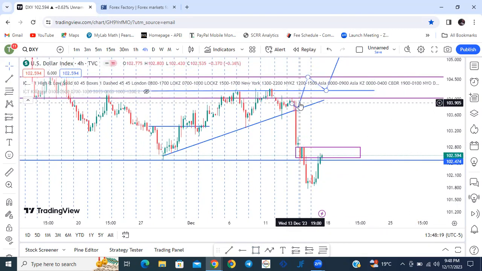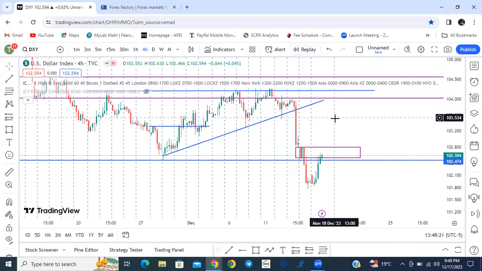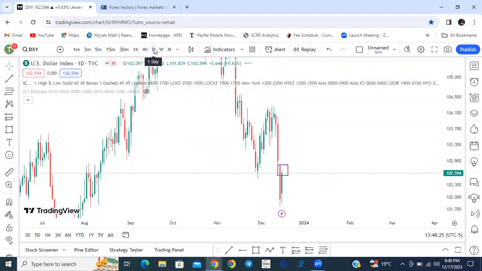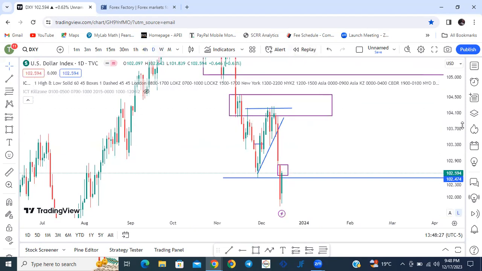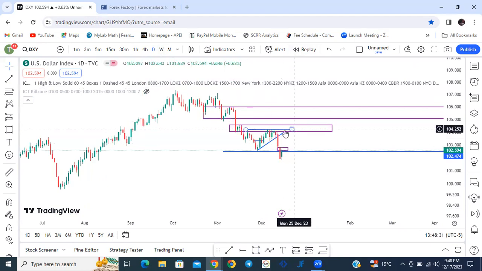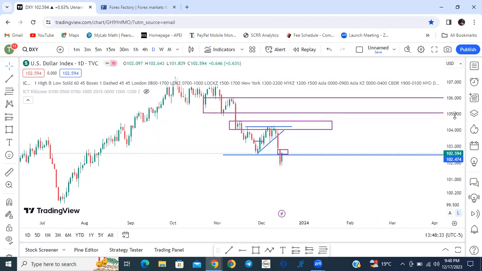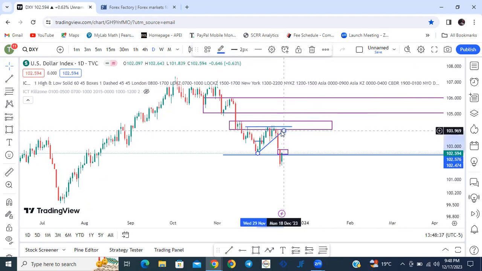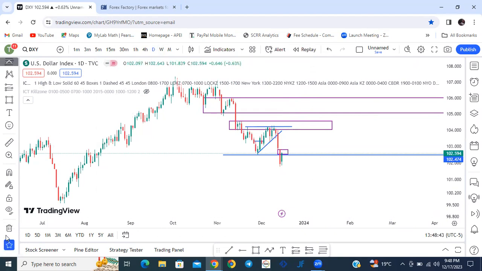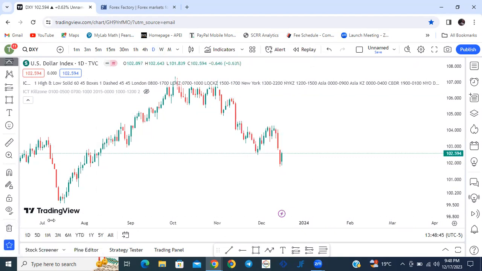My own view, when you go to the daily time frame: first of all, we have this supply area. Let me delete all this so that I can draw again, so it becomes easier.